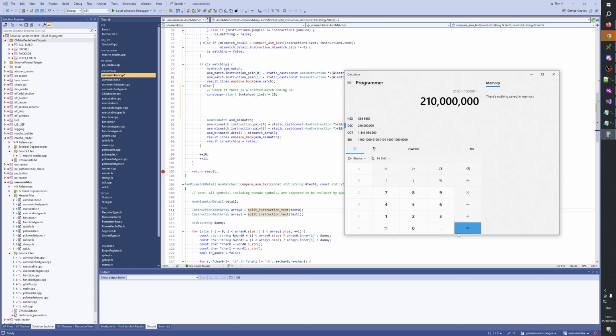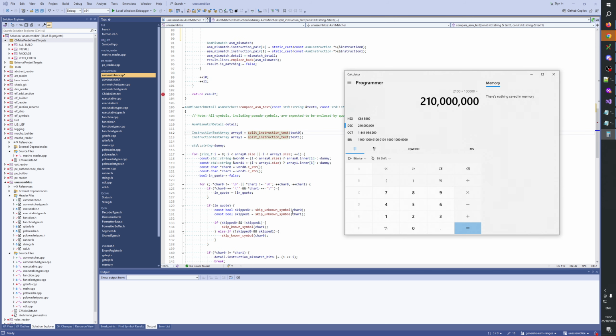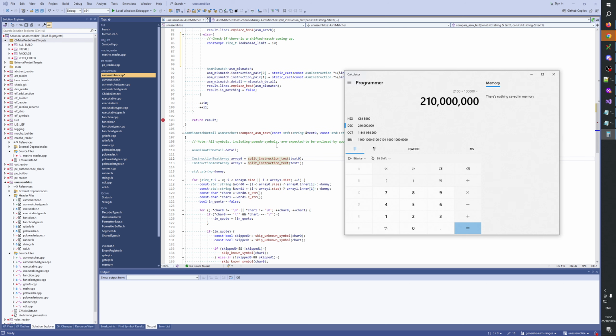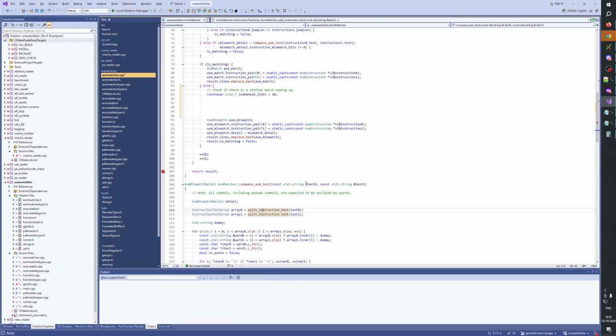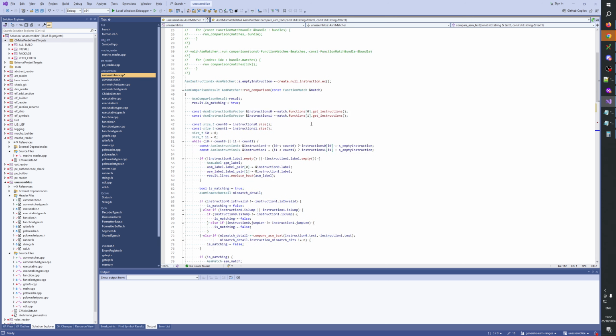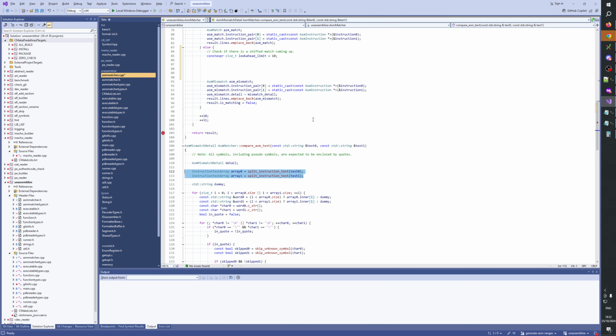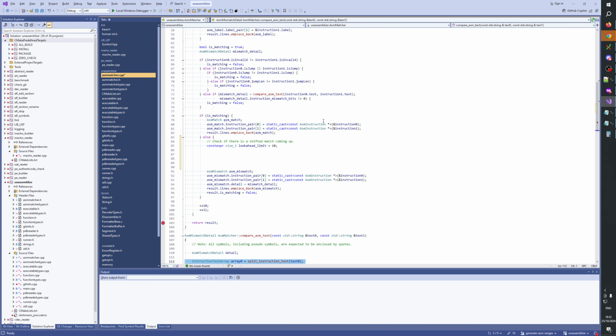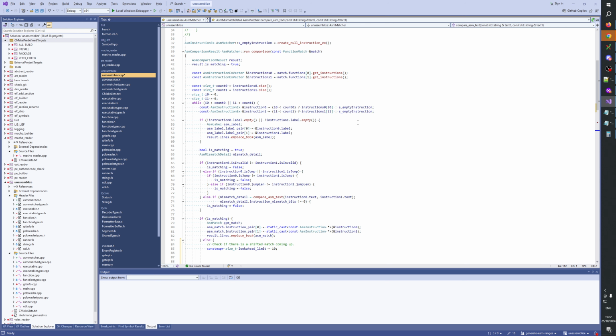So that's 210 million times in the worst case that split instruction text would be called. And that would probably take a long time to calculate. So we can do this better. We pre-compute this once. We pre-compute this. Okay. Instructions.